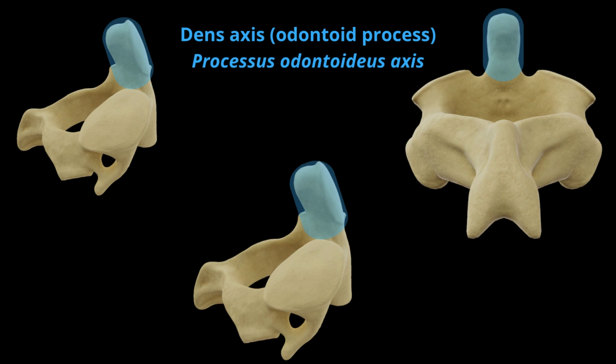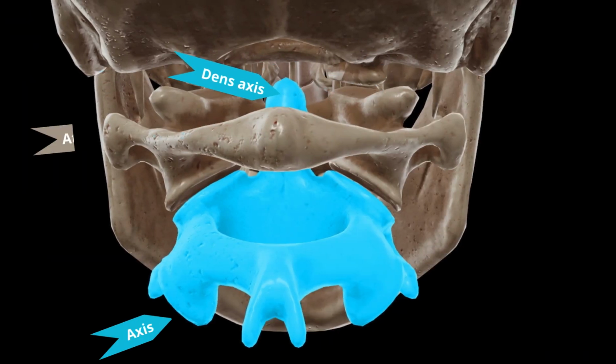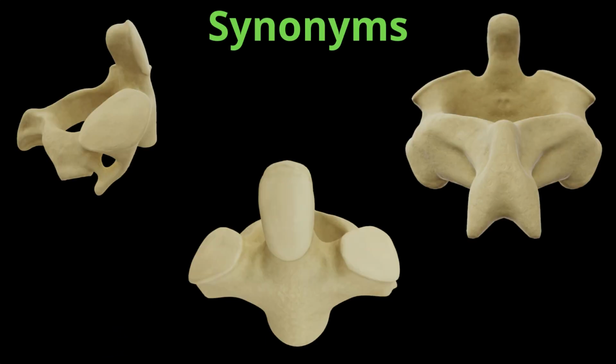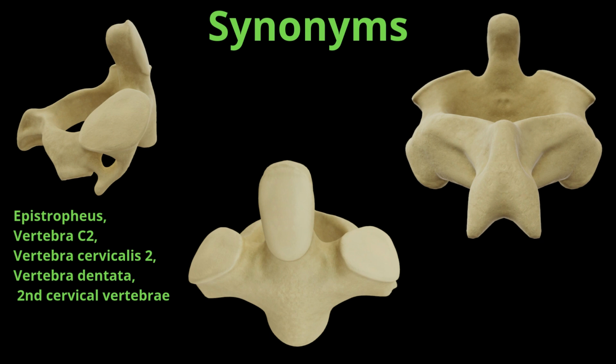The dens axis acts as a stable fulcrum around which the atlas and head rotate, and it plays an important role in the movement of the head. Synonyms: Epistropheus, Vertebra C2, Vertebra cervicalis 2, Vertebra dentata, second cervical vertebrae.